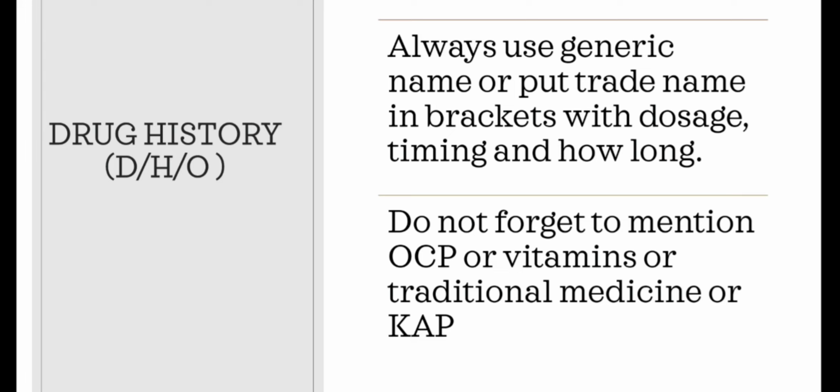For example, Ranitidine 150 mg BD PO. I will describe what BD and PO are later. And do not forget to mention whether the patient has taken any oral OCP, oral contraceptive pills, vitamins, traditional medicine, or PRN medications like analgesics, like that.